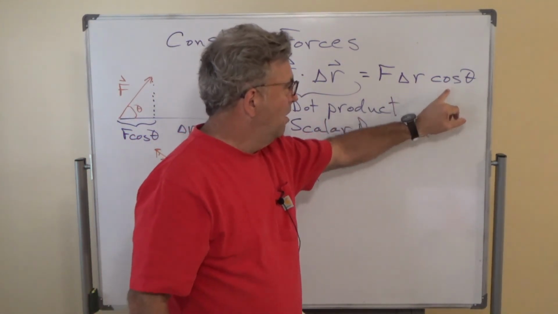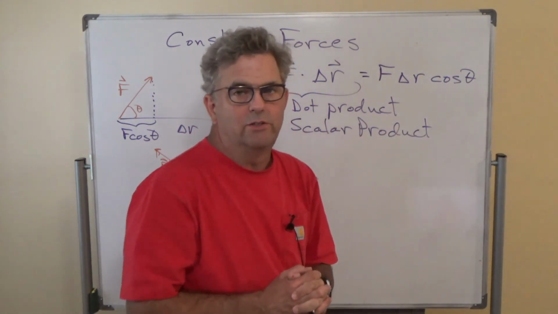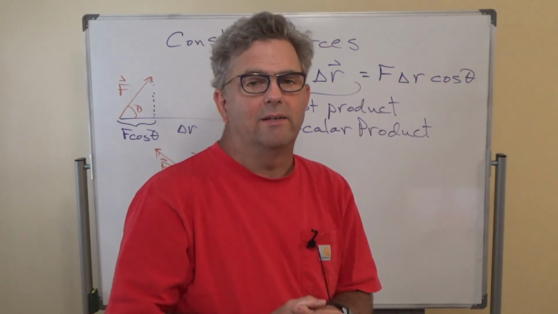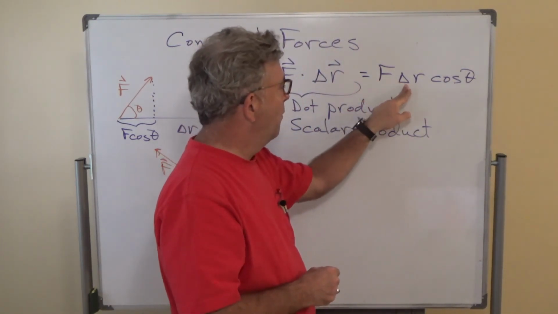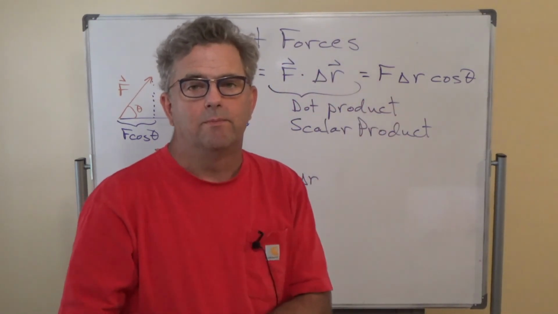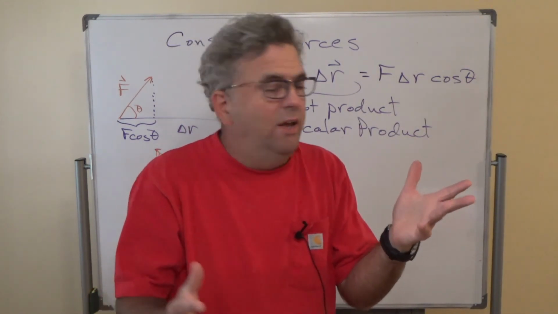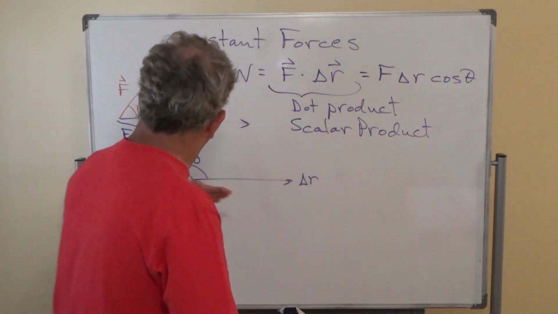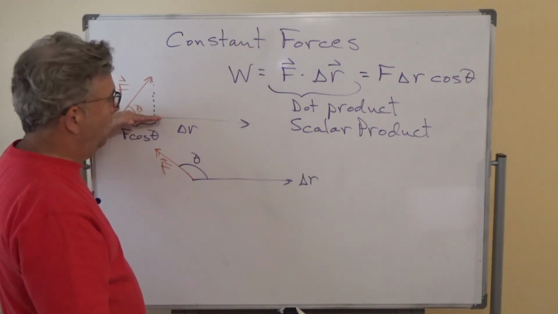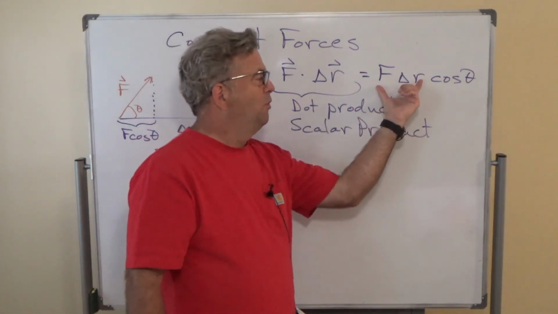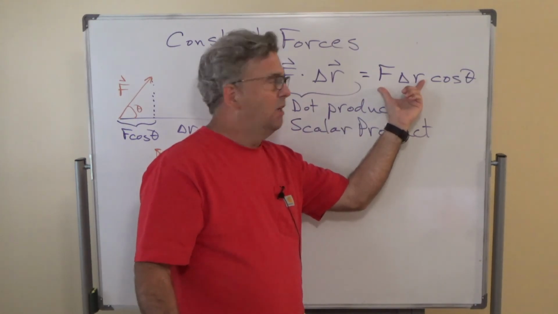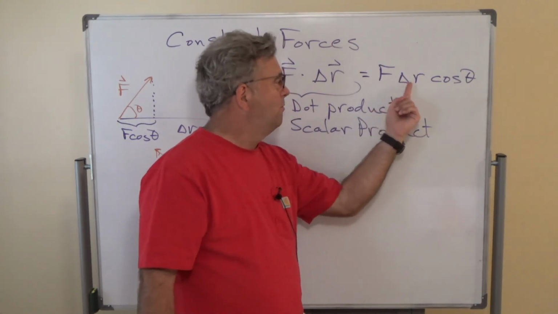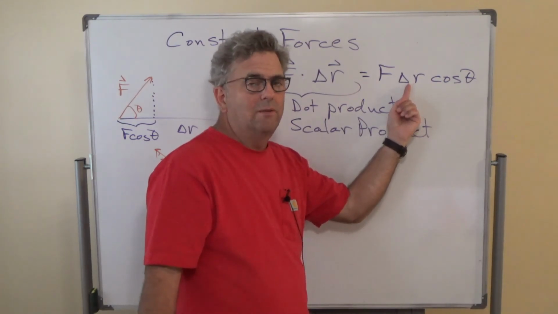F delta R cosine theta is the work. It's that amount of F in the direction of delta R. Let's look at angles. If the angle is 0, it's just like I drew in the first case. It's F delta R, just the magnitude of the force times the distance.